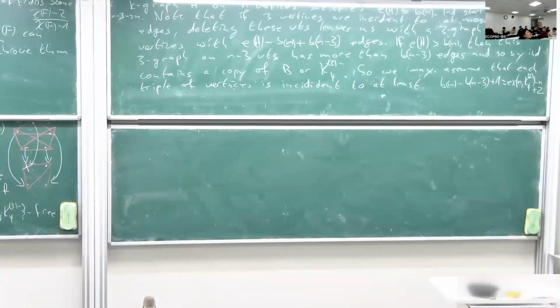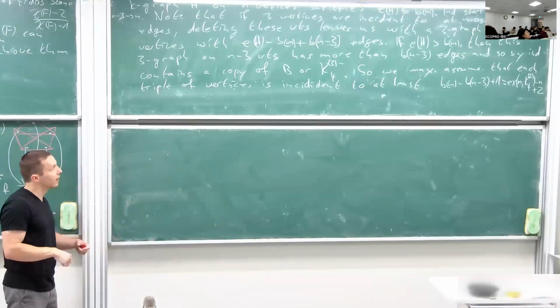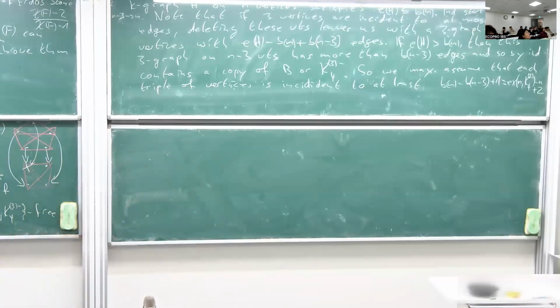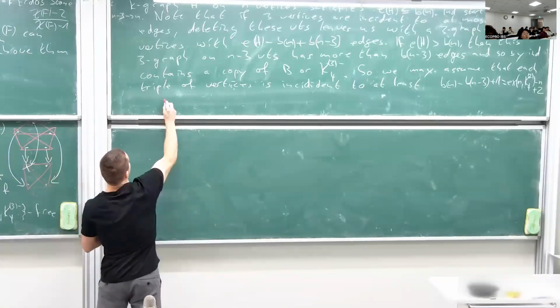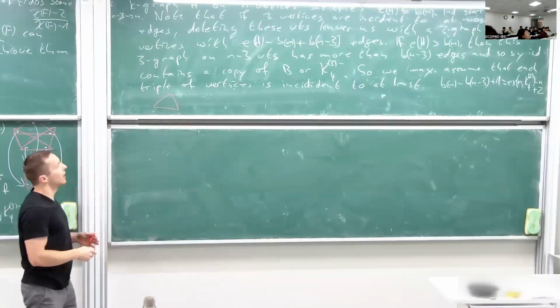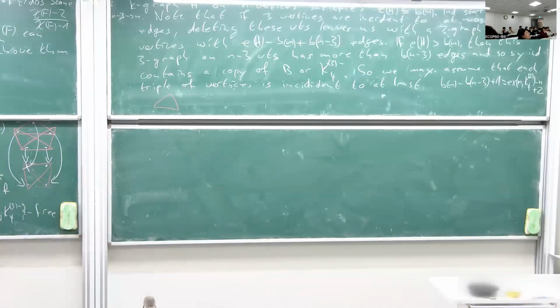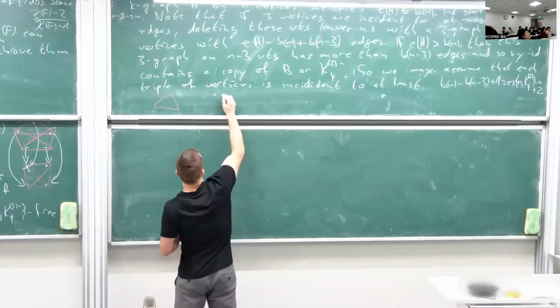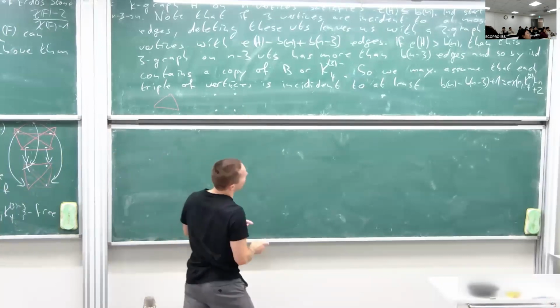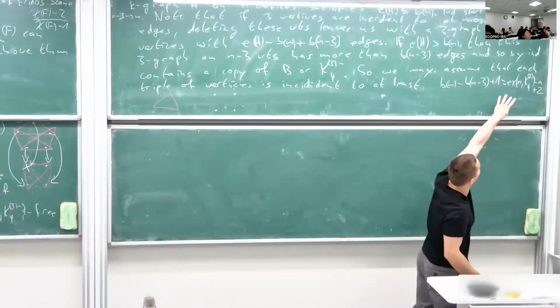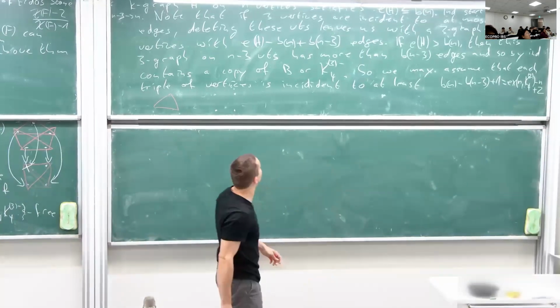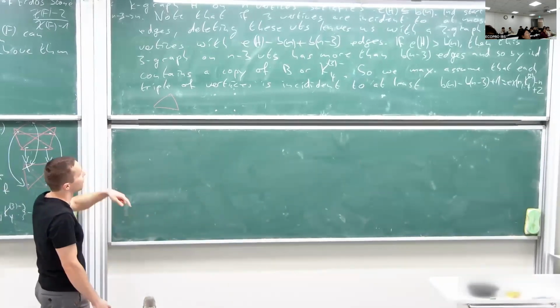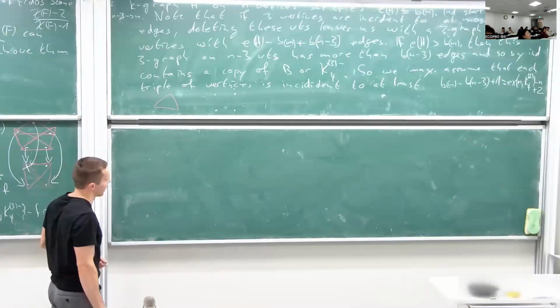So what can we do with this? We take some edge, and we want to look at the link of this vertex. This should hint to the fact that we will find something like a K4 in this.